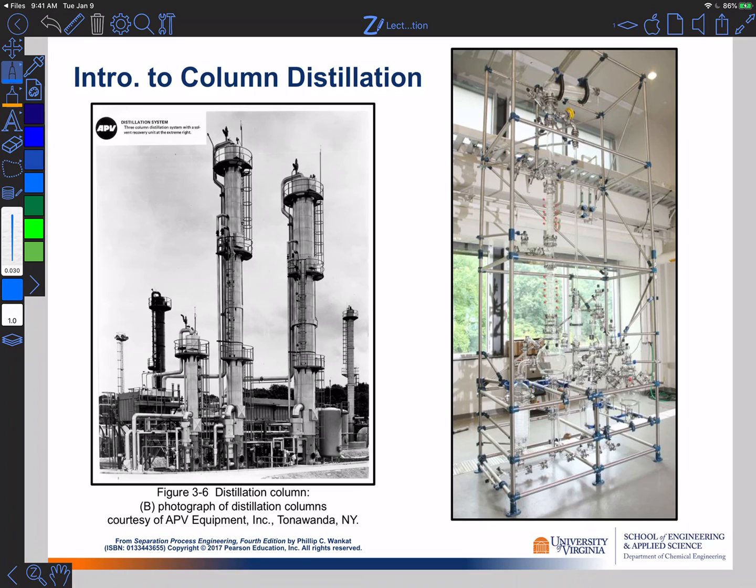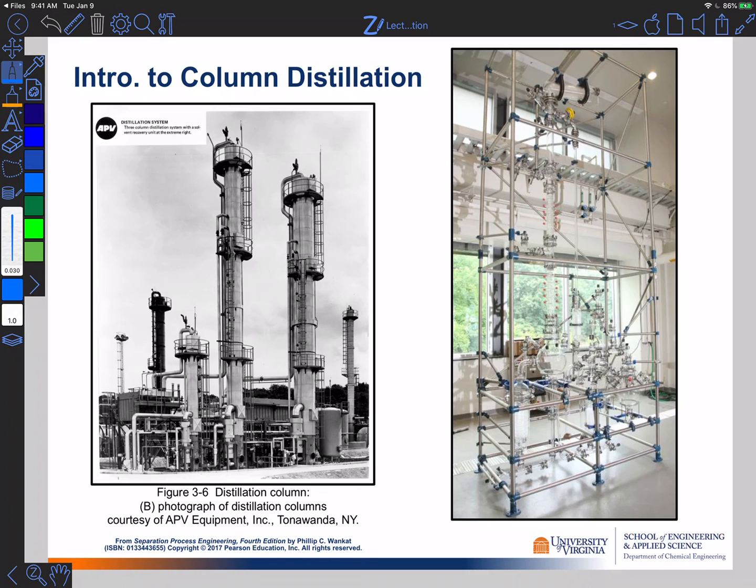Distillation has been the backbone of the petrochemical industry for decades now. It's at the core of most petrochemical processing plants. It remains a technology that is widely used today and that companies need to use and need to employ people to operate.